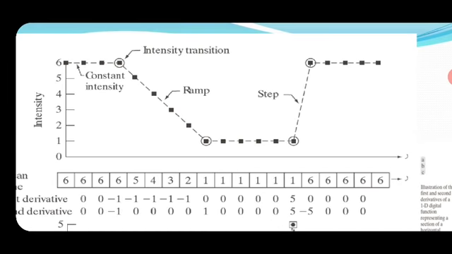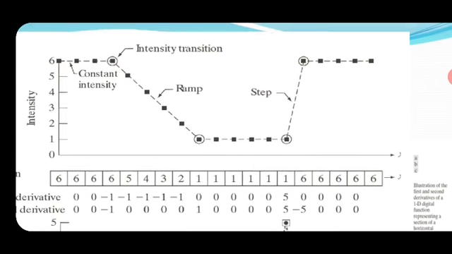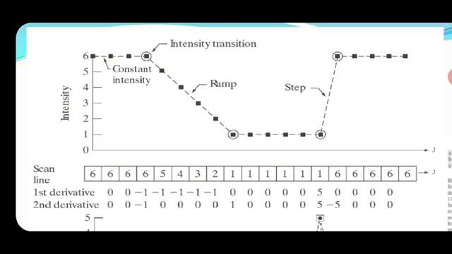Now in this example, 6 intensity levels are given. That means my image is represented with only 6 levels: 0, 1, 2, 3, 4, 5 and 6. An image can have other representations, such as 32, 64 or 128, depending on the image. For understanding, I have given an intensity of 6.